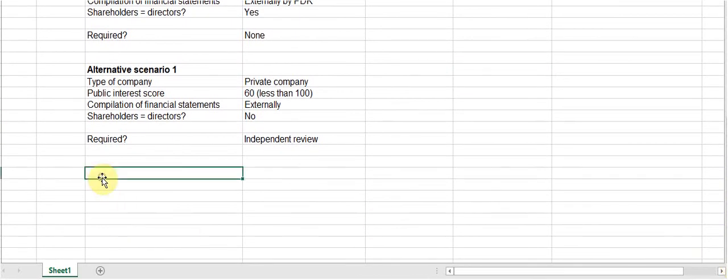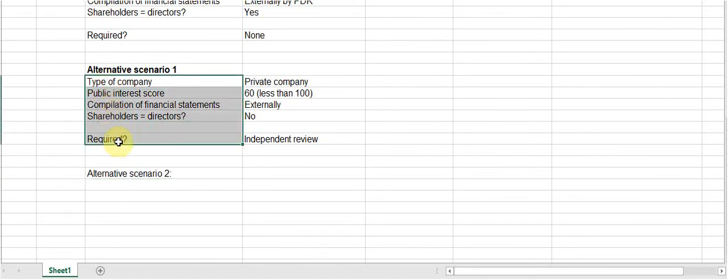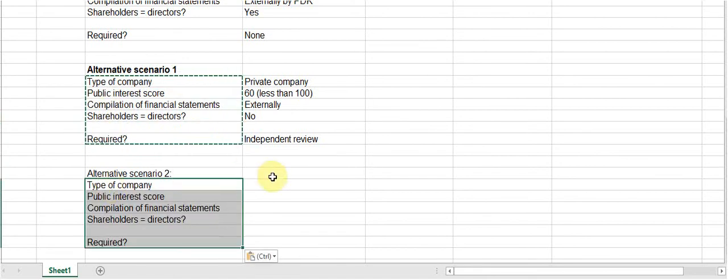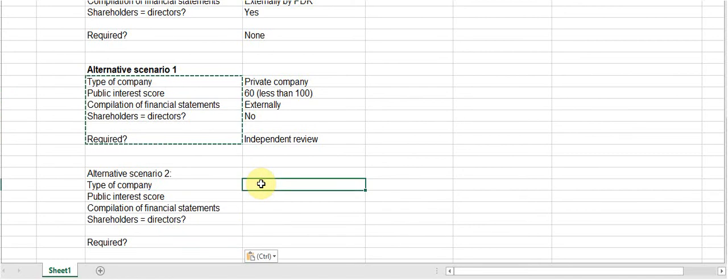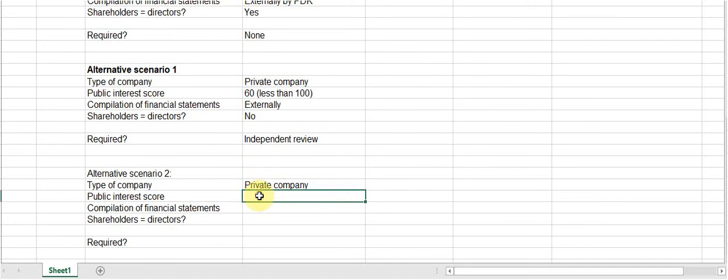Let's say we have alternative scenario 2, and we have a situation where it is also a private company, and the public interest score is, let's say again 60, which is less than 100, and the compilation is done internally, and the shareholders are also directors.